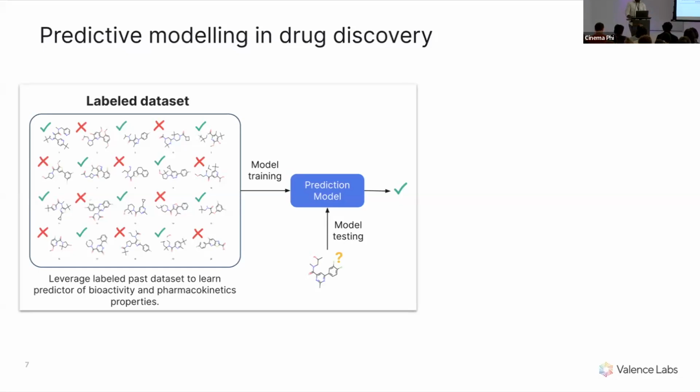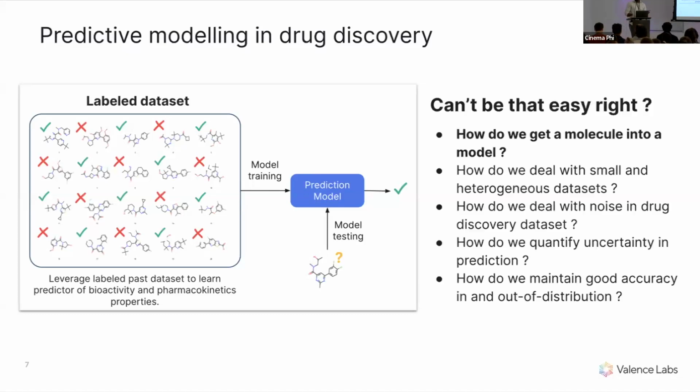And then we put that through our machine learning algorithm. And then at inference time, so at test time, we have a new molecule, and we don't know anything about that molecule, and we just want to put that molecule through the model and let the model tell us whether that compound is active or not. Quite simple.